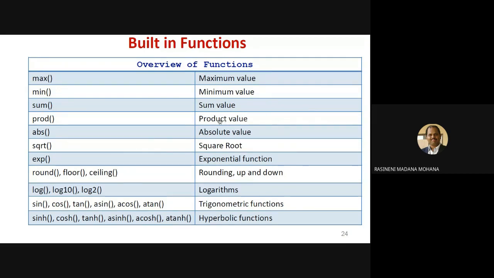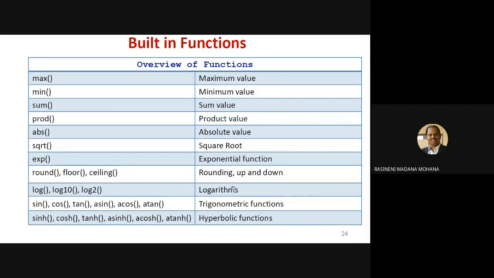To find the product, you can use PROD. To find the absolute value, that is mod, you can use ABS. To find the square root, you can use SQRT. To find the exponential function, simply use EXP. Then for rounding up and down values, you can use round, floor, and ceiling.